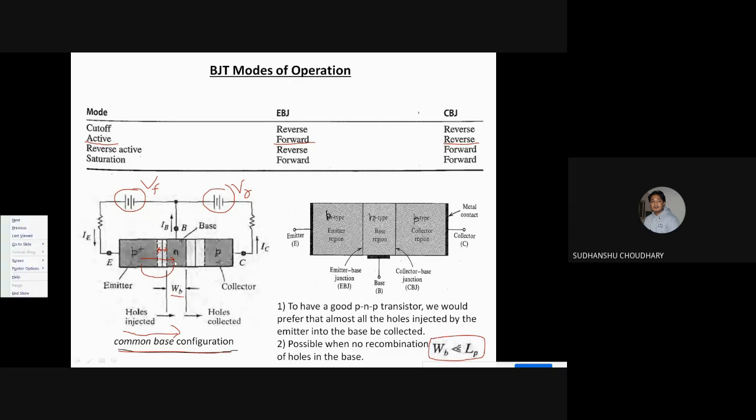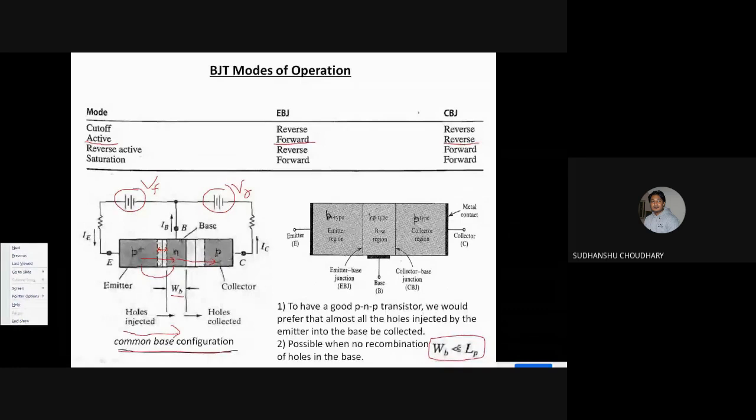So the width of this N region or base should be less than the diffusion length of holes, because we want the holes which are emitted from the emitter to reach and be collected at the collector, so that I have a current from collector to emitter.